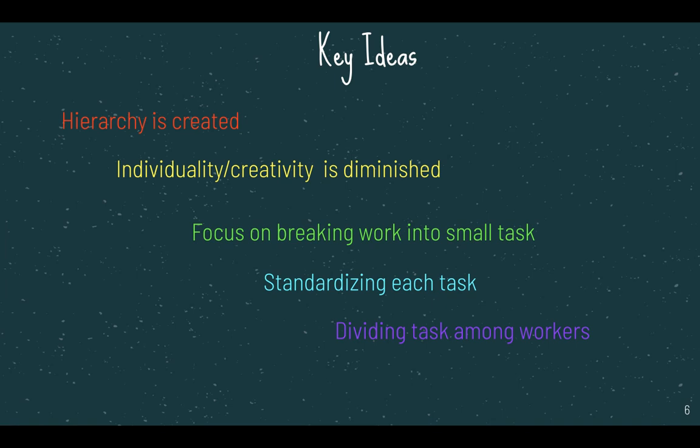During this process, a hierarchy was created between the workers and supervisors. In this process, each task was broken down so their individuality and creativity was diminished. Everybody had a specific job that they needed to complete. That made employees dispensable. Each of the tasks were little parts, and each person spent their time working on that.